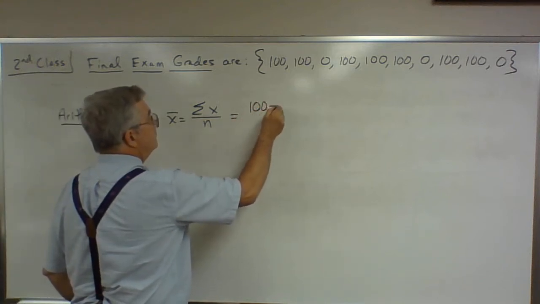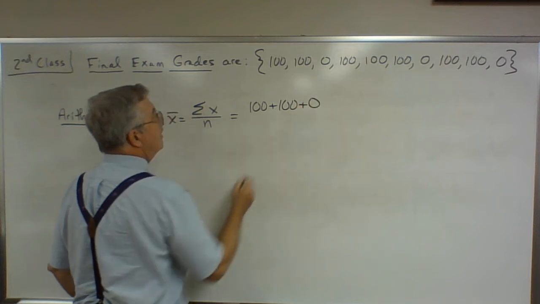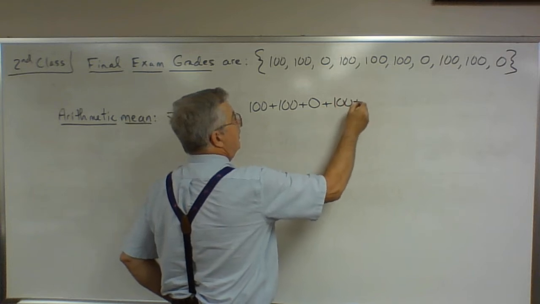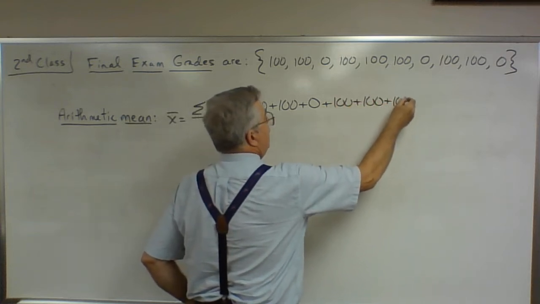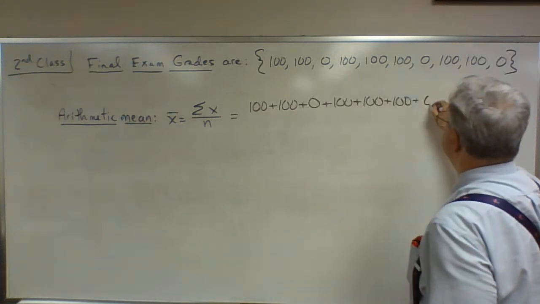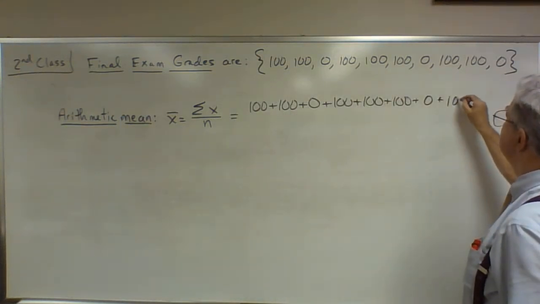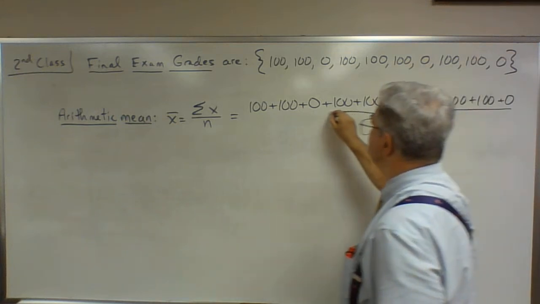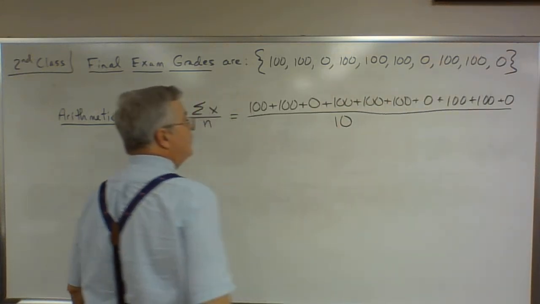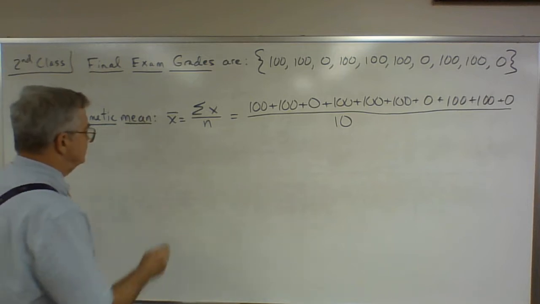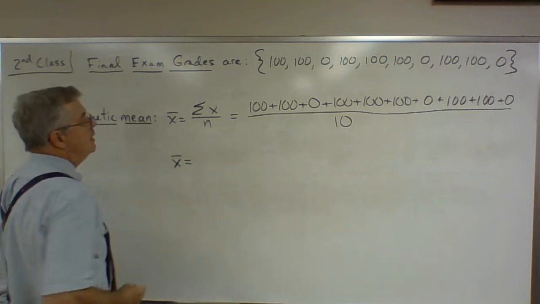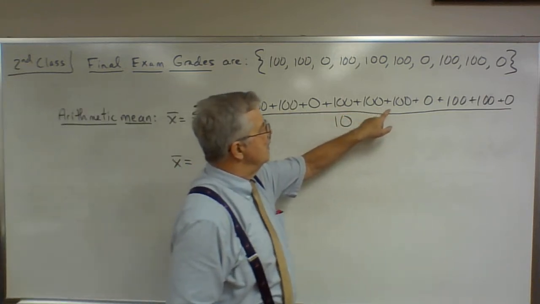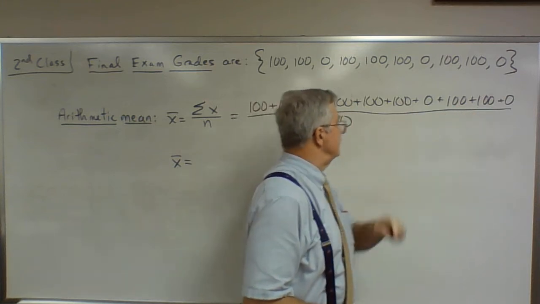So we're going to have 100 plus 100 plus 0 plus 3 more hundreds plus another 0 plus 2 more hundreds plus 0, all over the number of data values, 10. And let's see what we're going to get. We're going to get 100, 200, 300, 400, 500, 600, 700.